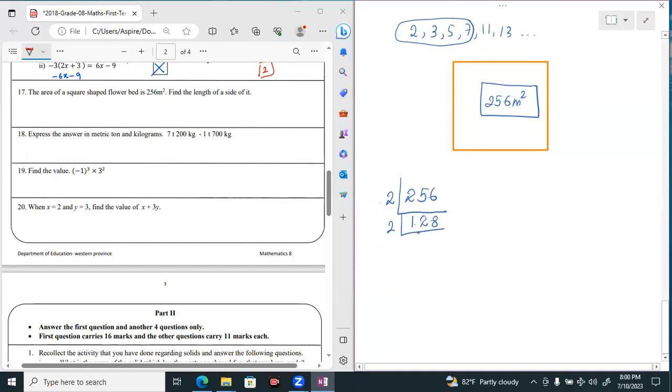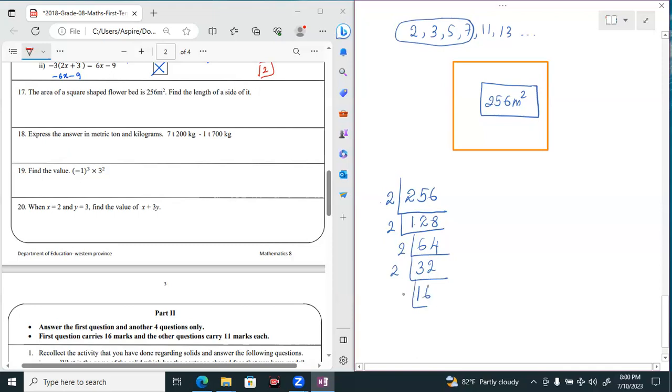Then how many 2s are there for 12? It is 6. How many 2s are there for 8? It is 4. How many 2s are there for 6? It is 3. How many 2s are there for 4? It is 2. How many 2s are there for 3? It's 1.